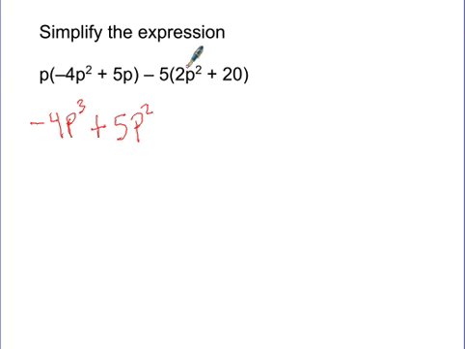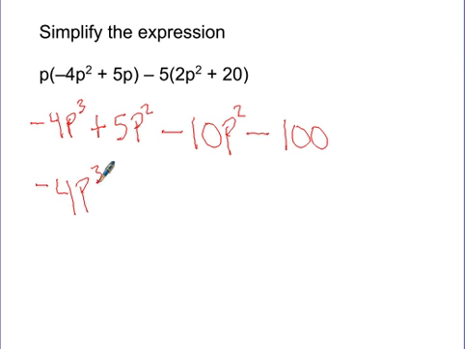Now we have a minus 5 times 2p squared, negative 10p squared. And then a minus times a plus is a minus 5 times 20 is 100. Now we can simplify these two middle terms, they both have the same exponents with the variables. Negative 4p cubed minus 5p squared minus 100.